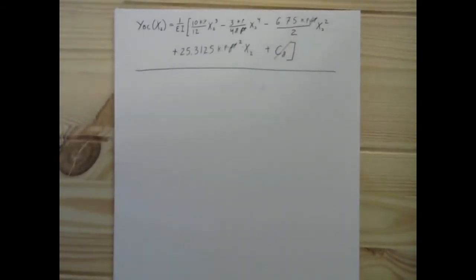So if we want to know the maximum rotation, we're going to look at our two deflection functions, and if we want to know the maximum deflection, we'll take our two rotation equations and find the points where they are 0, and that'll be quite easy.